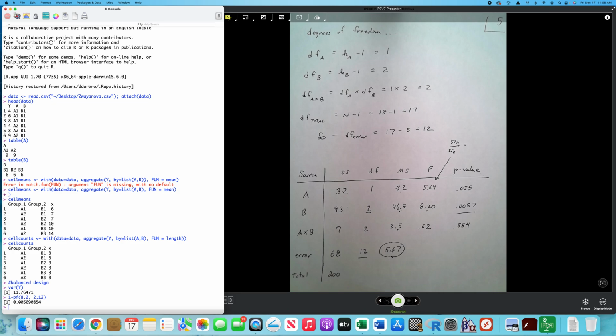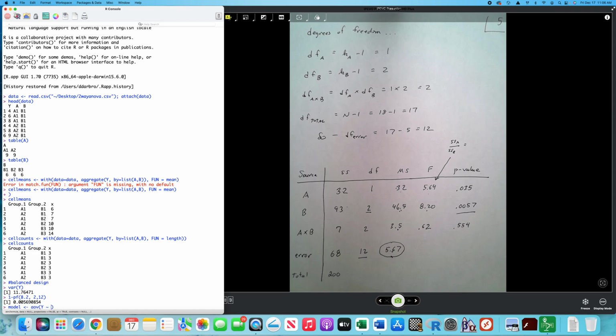We use R. So if I am going to partition out the variance for Y as it's explained by A, B, and A cross B, the interaction of A and B, I would do very similar to what I've done before. I would use the AOV command.